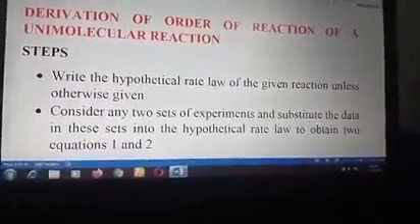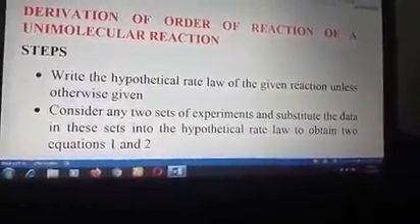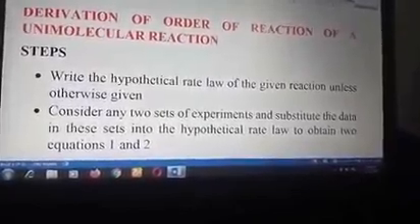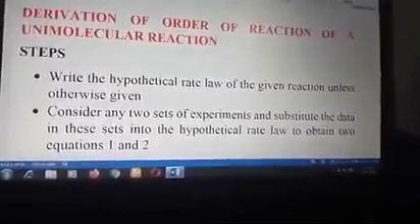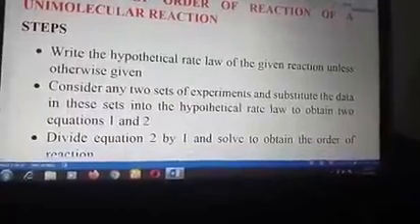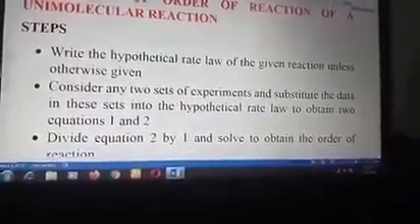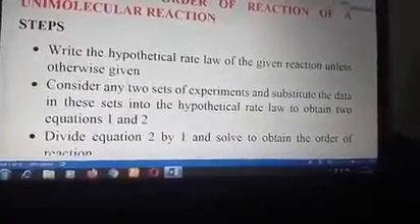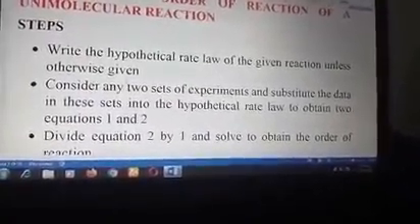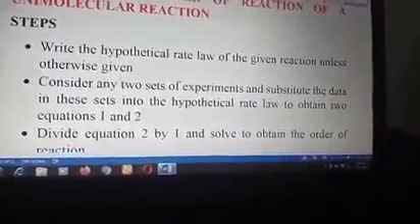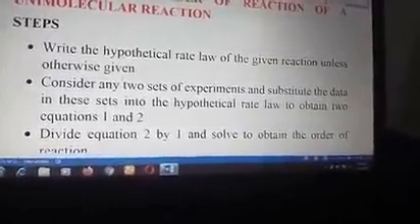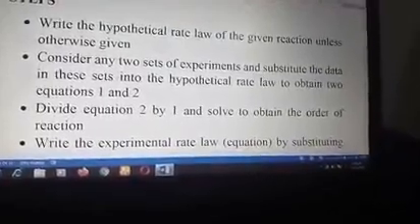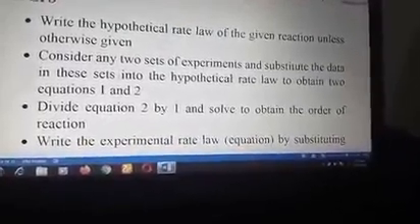So you have to write the hypothetical rate law of the reaction given to you unless the rate law has been given to you in the question. Then number 2, consider any two sets of experiment and substitute the data in these sets into the hypothetical rate law to obtain equation 1 and 2. Step 3, divide equation 2 by 1 and solve to obtain the order of reaction.